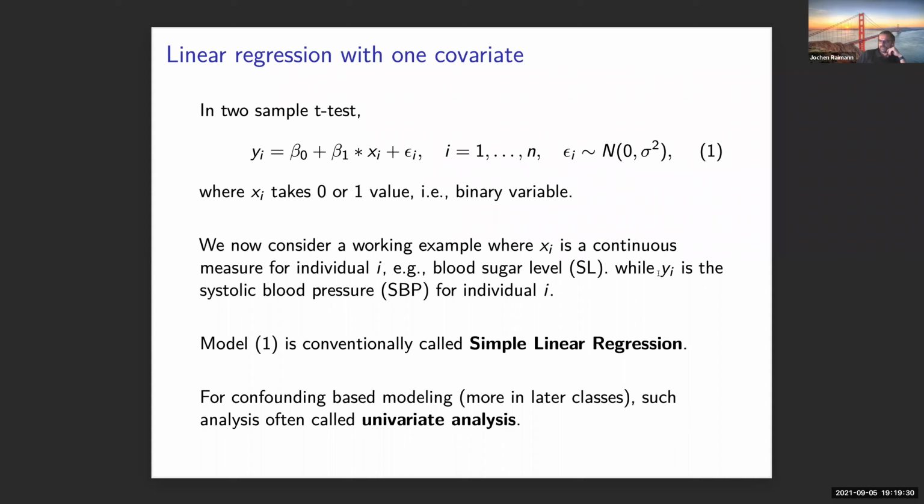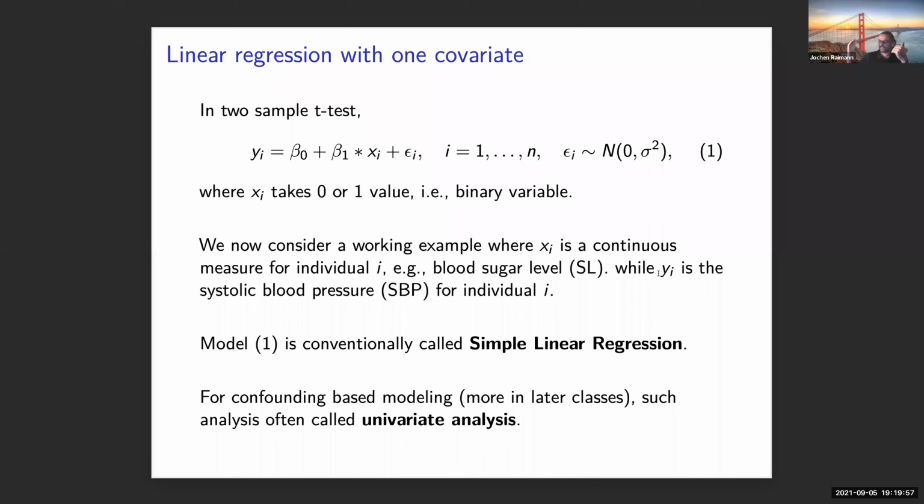For confounding-based modeling, such analyses are called univariate analysis, because it only contains one variable. It's essentially the same thing, a synonymously used nomenclature, but it's important to distinguish a univariate analysis from a multivariate analysis that we will also be discussing later on.